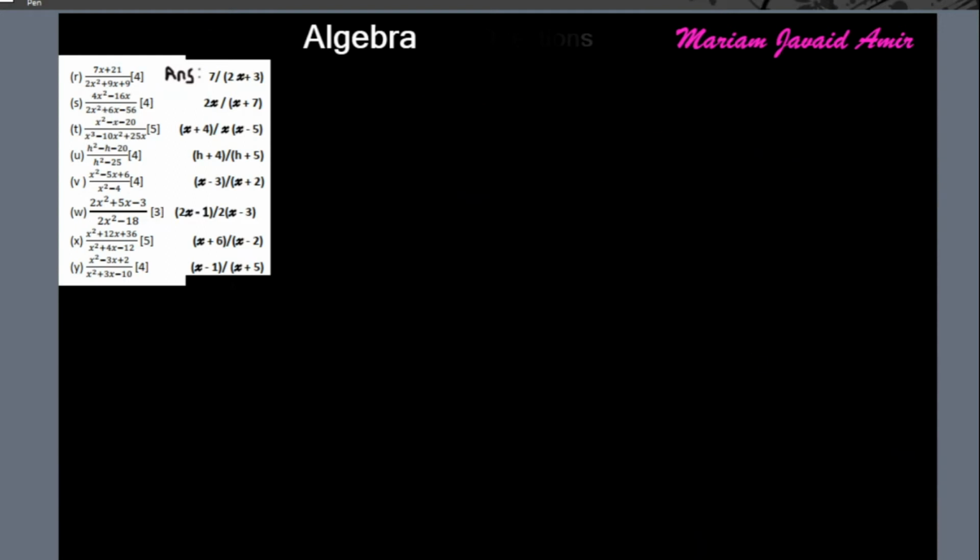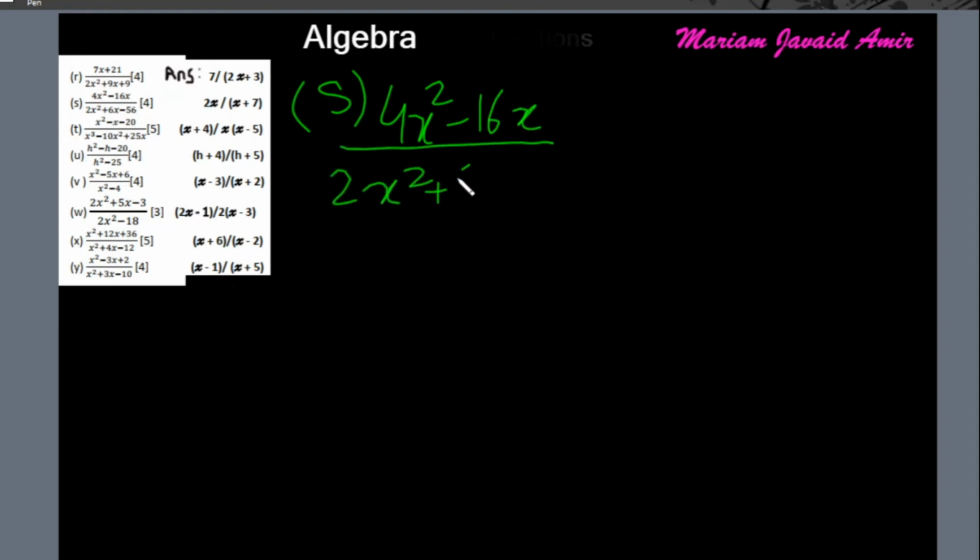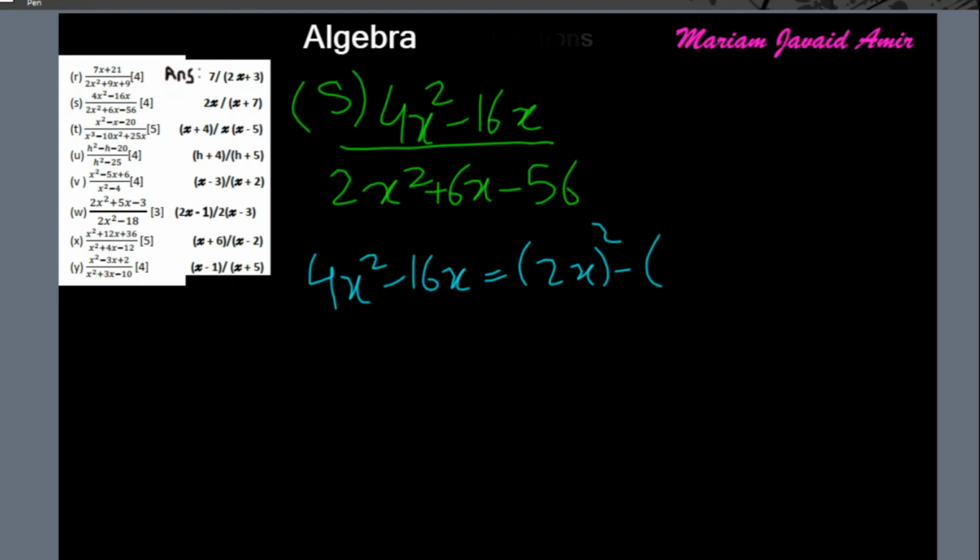Part S is 4x square minus 16x over 2x square plus 6x minus 56. So again, let's factorize the numerator first. 4x square minus 16x can be written as, no, we first need to take 4 common.